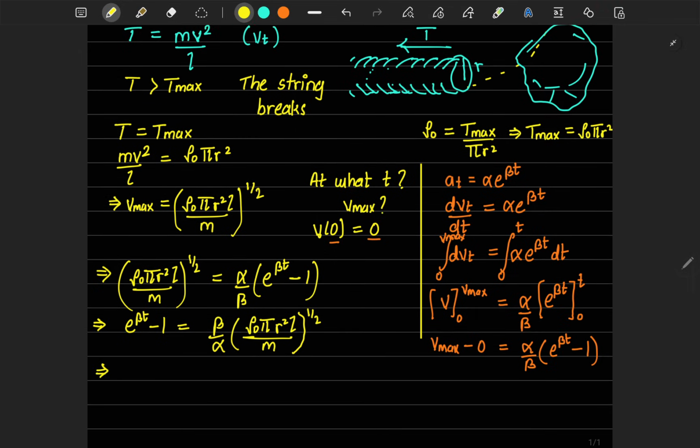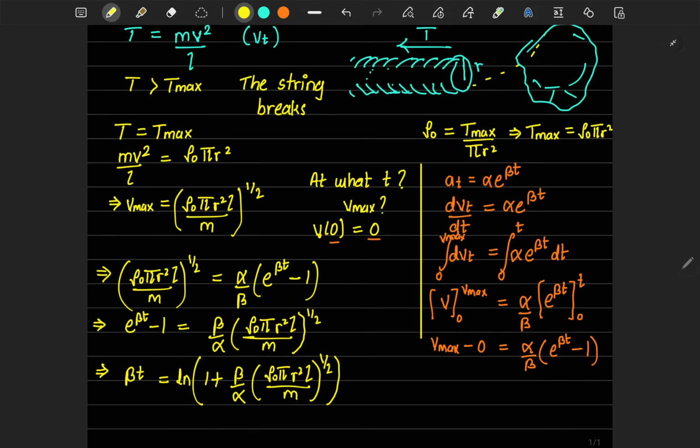So taking 1 on the RHS and taking log, we have beta t equal to ln of 1 plus beta by alpha into rho naught pi r square L by m to the power half.